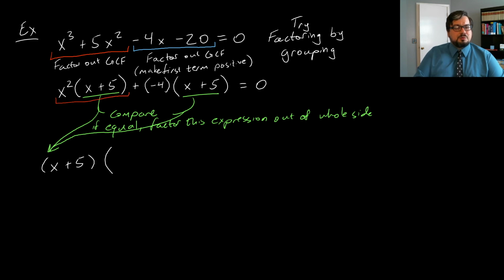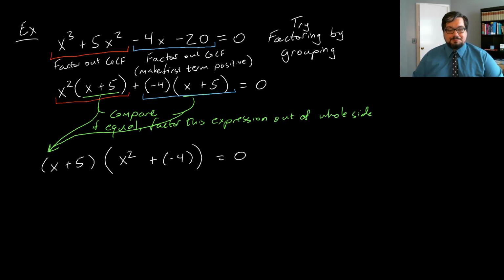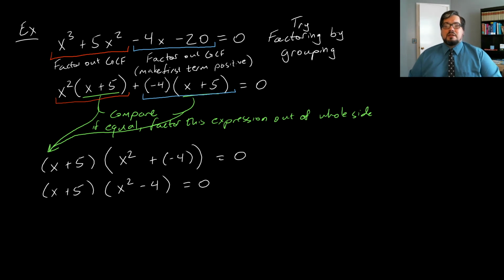In the first expression, we had an x squared times x plus 5, which leaves an x squared behind. And in the second term, we had a negative 4 times x plus 5, which means a negative 4 gets left behind after we factor out the x plus 5. So we've managed to factor by grouping. We get x plus 5 times, and I'll simplify this, x squared minus 4 equals 0.